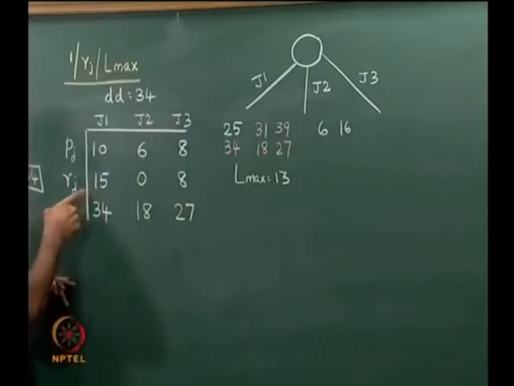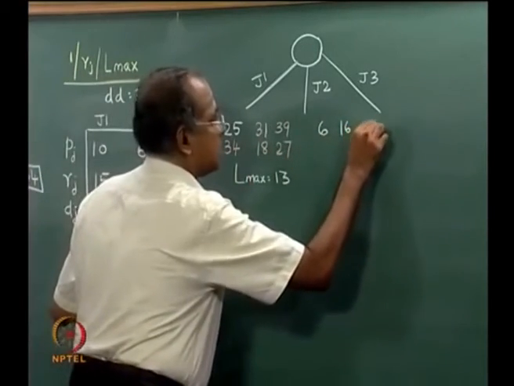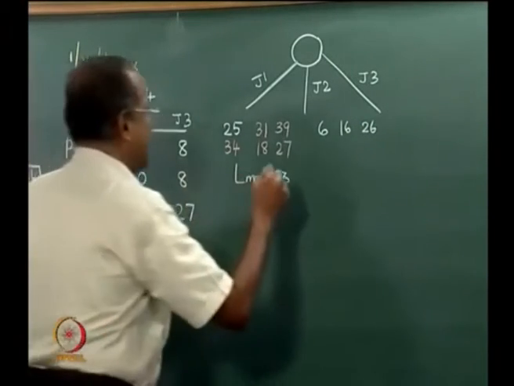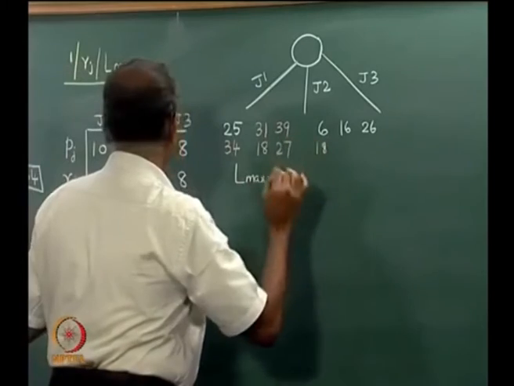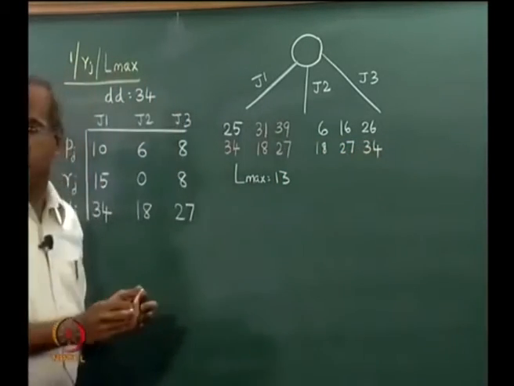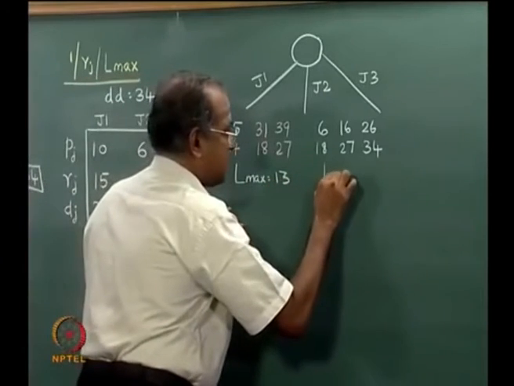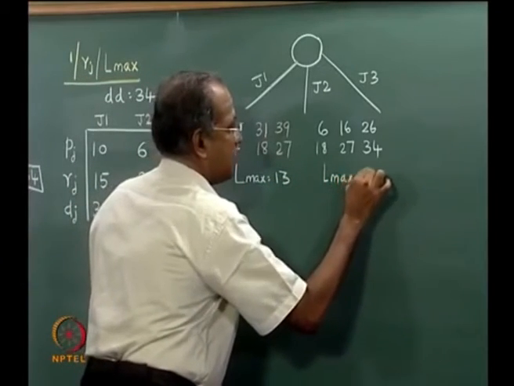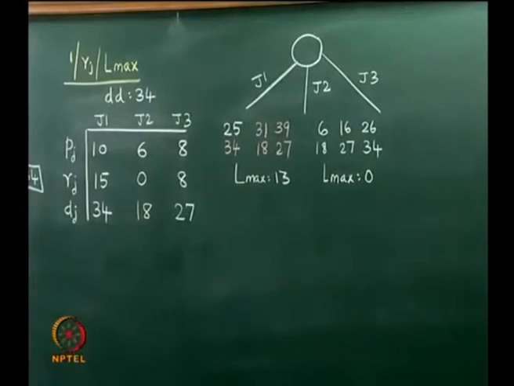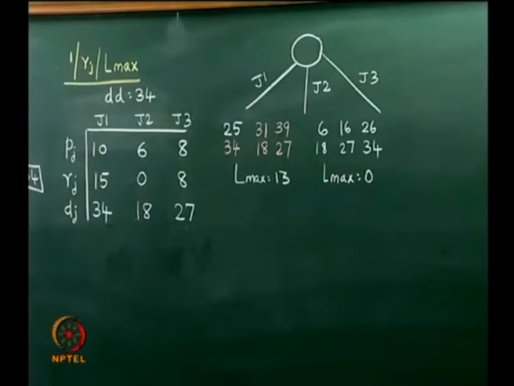Now, this is available at 15, 16 plus 10 26. Now, the due dates are 18, 27 and 34. So, lower bound on L max is equal to 0 because all of them are within the due dates.